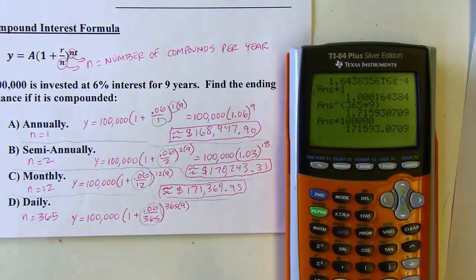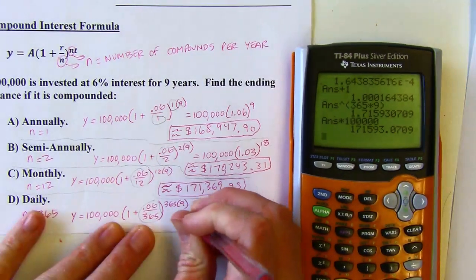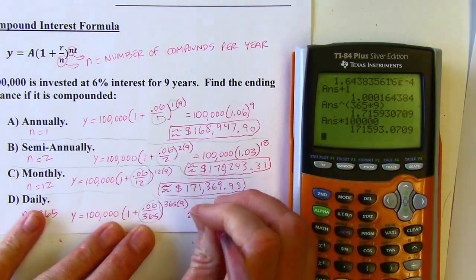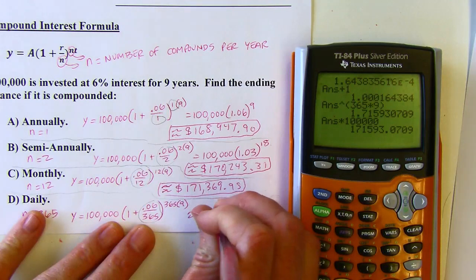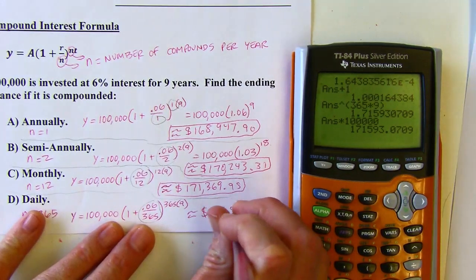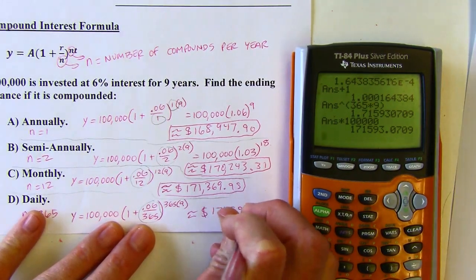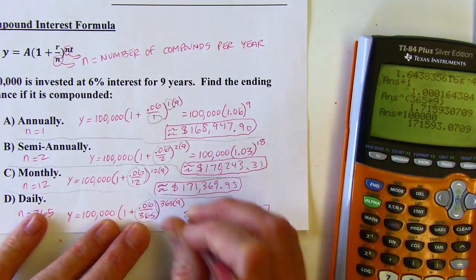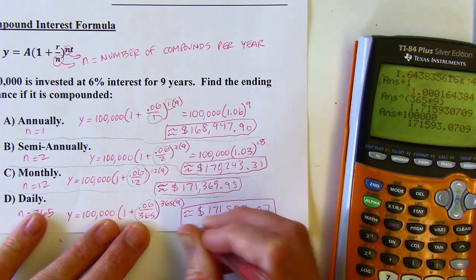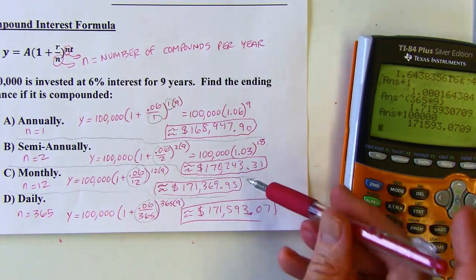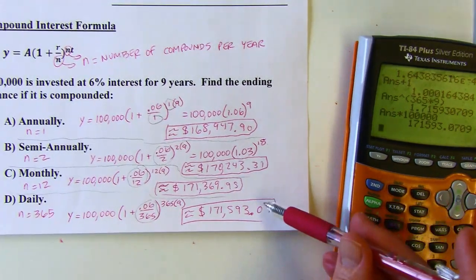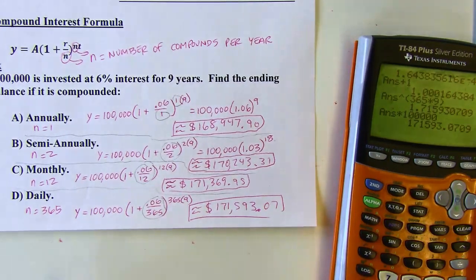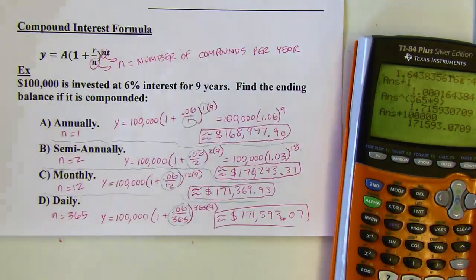And here's my new total, .07. And yeah, it's another 200 and some odd dollars more than when we're compounding monthly. Okay, so that's it for today, and I'll see you next time.